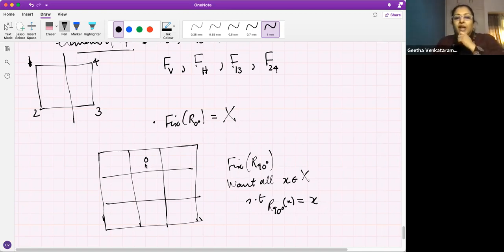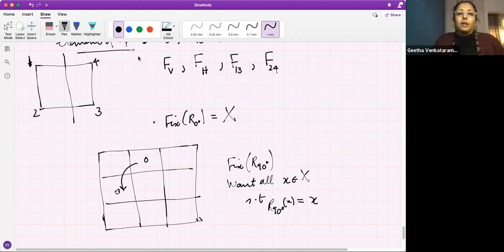So the point is, if I do a 90-degree rotation, then this point is going to move here. And the only way R 90 degree would preserve x is if this was the second hole.